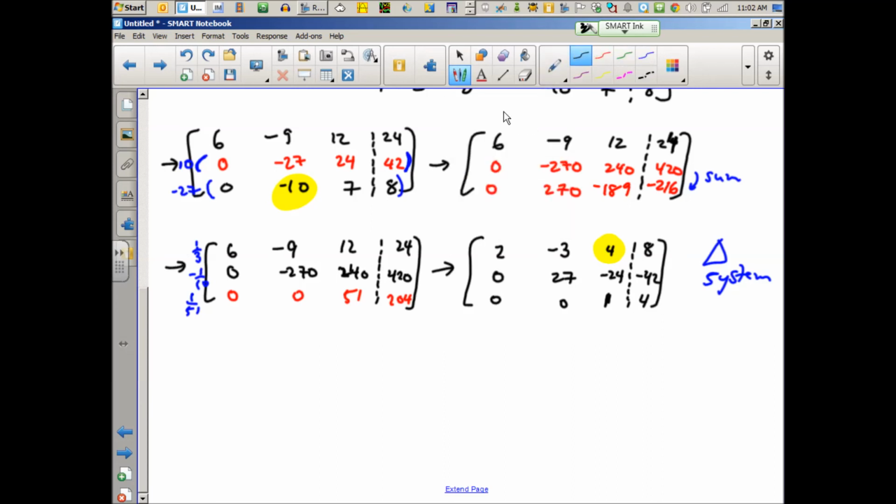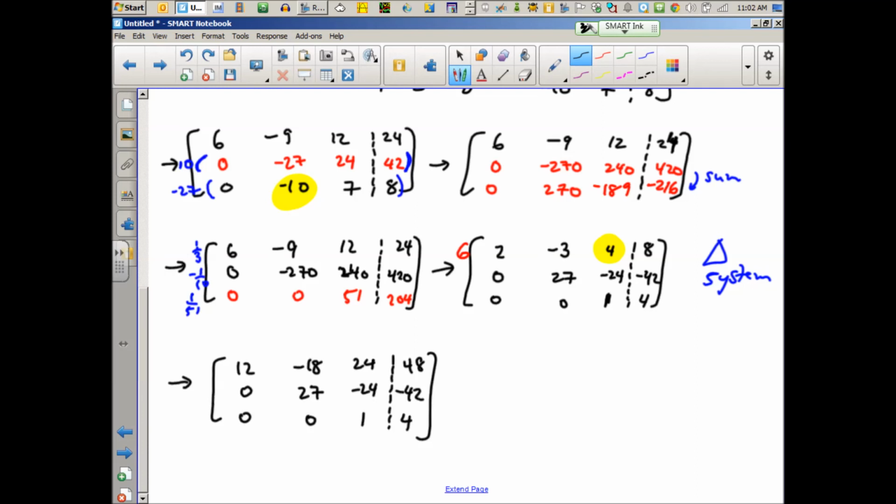So I'm going to multiply the top row by 6. And I have 12, negative 18, 24, 48, 0, 27, negative 24, negative 42, and 0, 0, 1, 4. And I'll be adding rows 1 and 2.